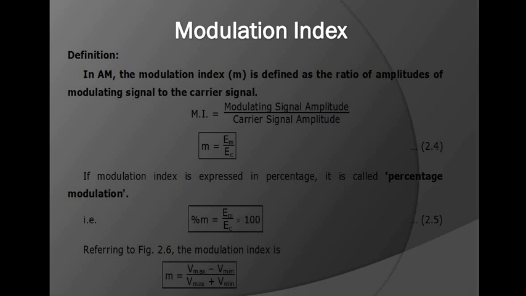It is also called the ratio of amplitudes of the modulating signal to the carrier signal. Here m is equal to modulating signal amplitude divided by carrier signal amplitude. This gives you the modulation index, and in terms of percentage it is given as Em by Ec into 100. And this modulation index formula can also be given in terms of Vmax. Vmax is nothing but amplitude.